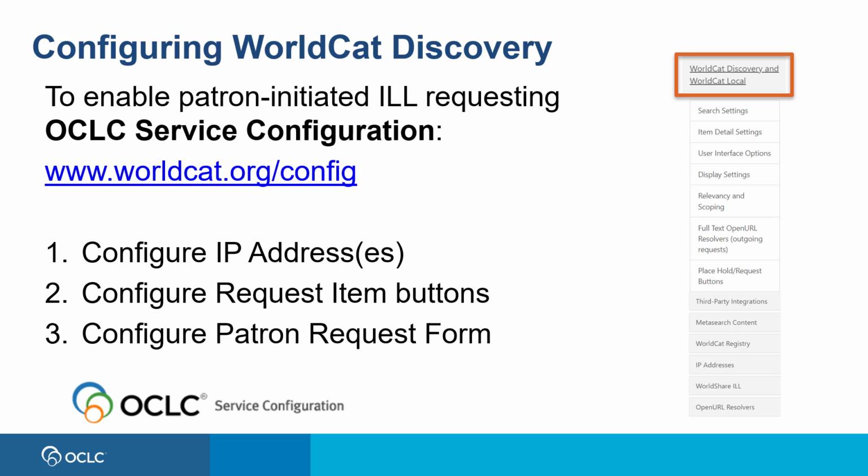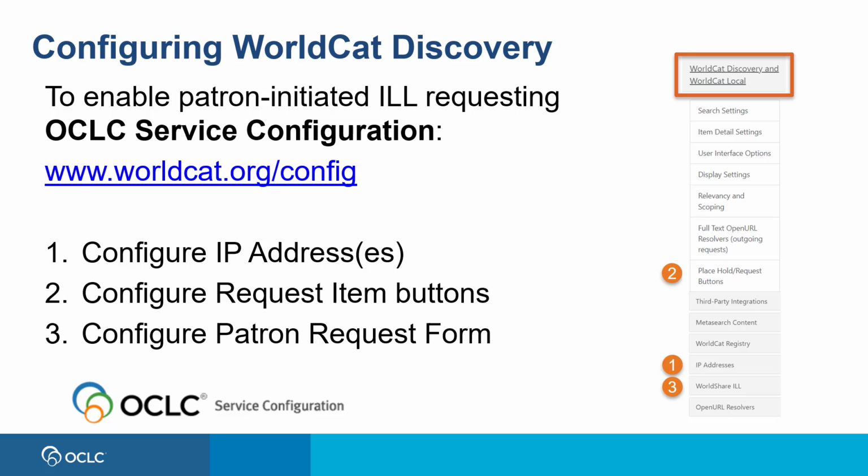When using WorldCat Discovery, patrons will gain access to the patron ILL request form via IP address recognition. Library staff can manage the IP addresses for WorldCat Discovery. The next step in the workflow involves configuring the Request Item button. Lastly, the patron request form that the patrons will fill out can be edited under the WorldShare ILL option.